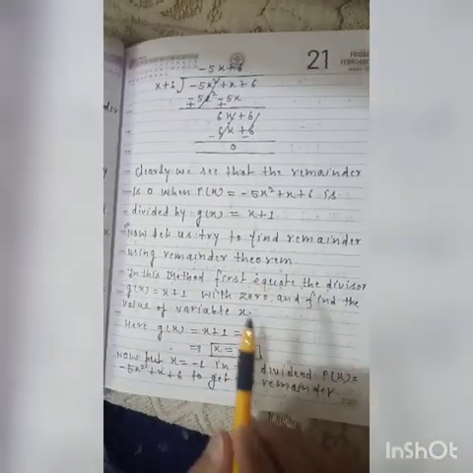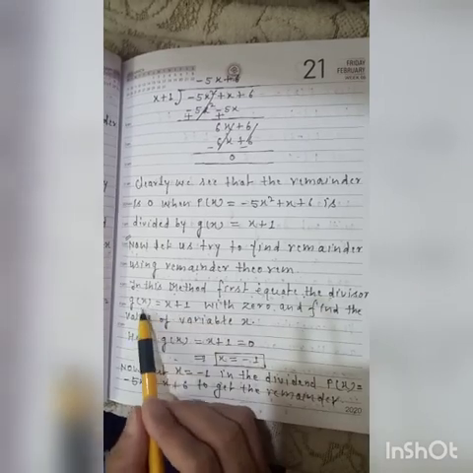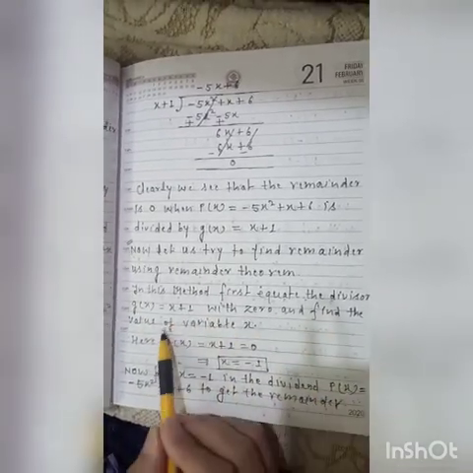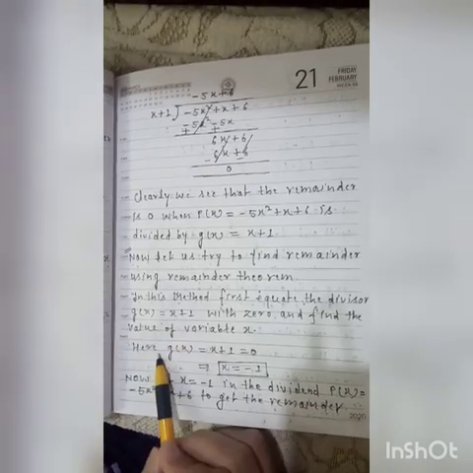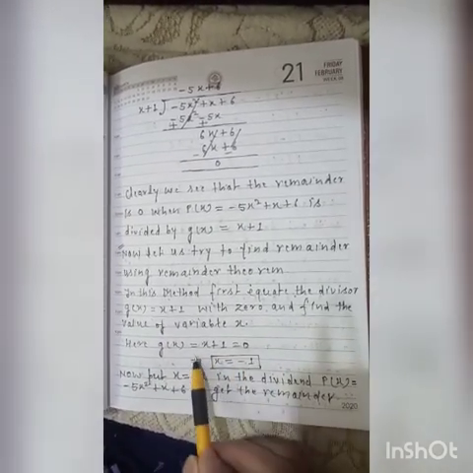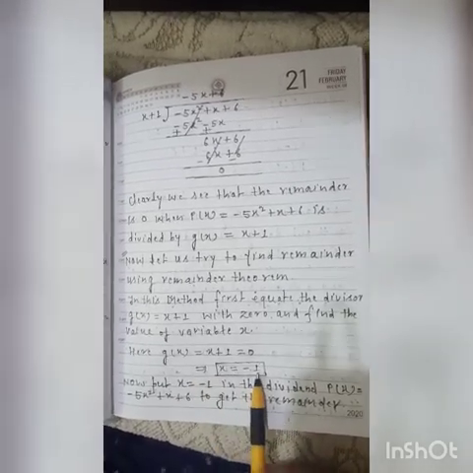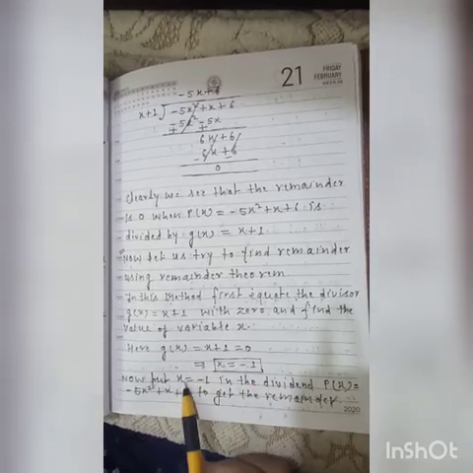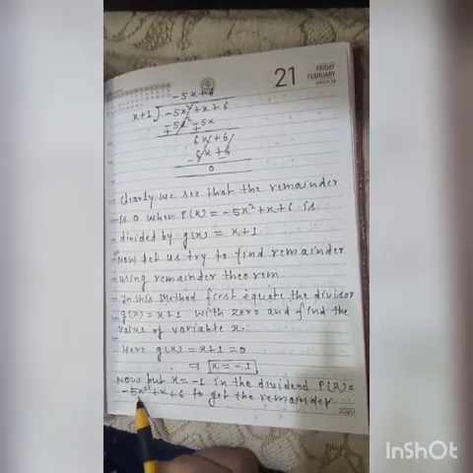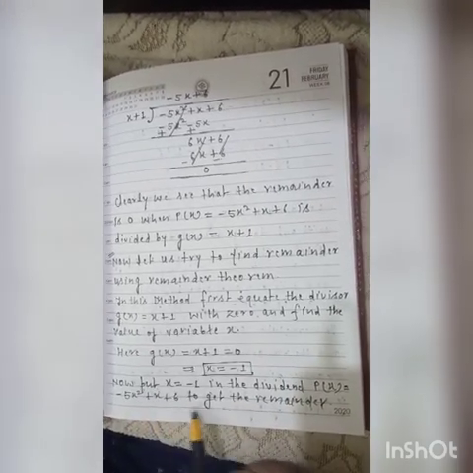In this method, first we equate the divisor g(x), which is x plus 1, with 0 and find the value of variable x. Here g(x) equals x plus 1 equals 0, and it gives us x equals minus 1. Now put x equals minus 1 in the dividend p(x), which is minus 5x square plus x plus 6, to get the remainder.